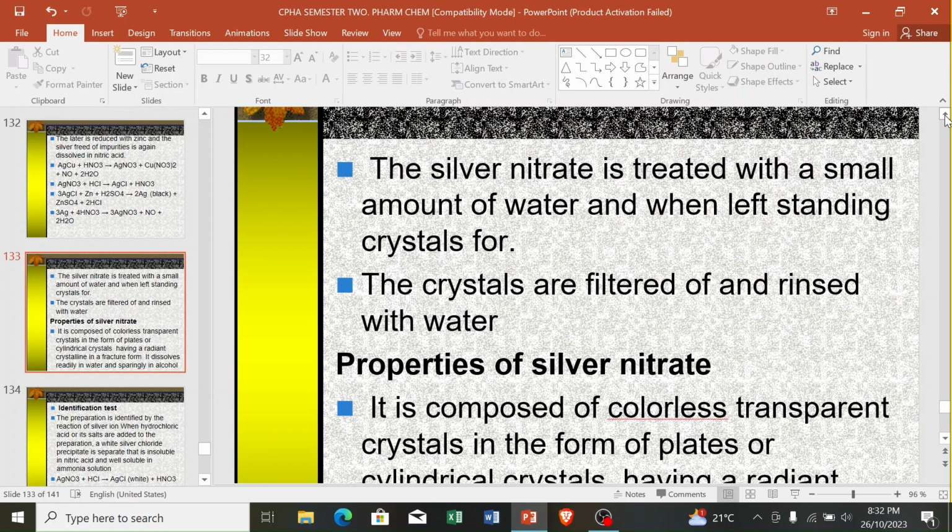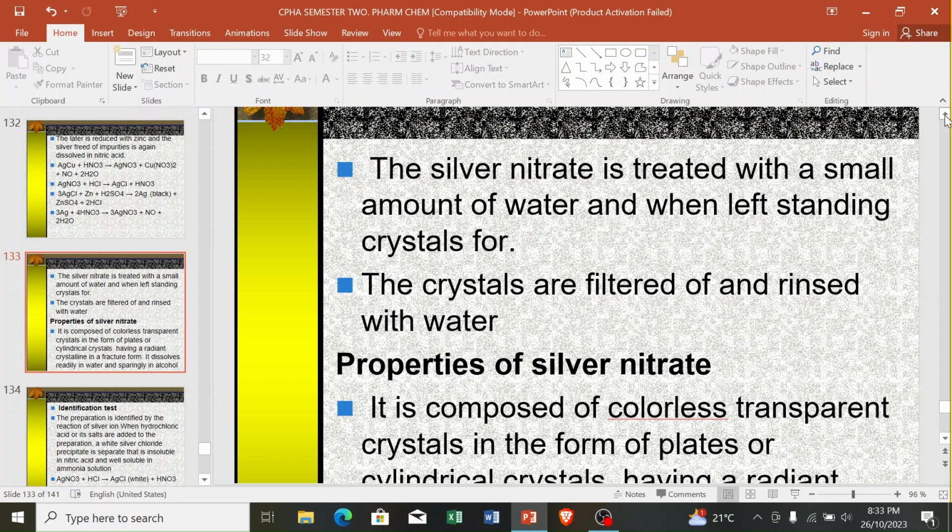So we see that silver nitrate is treated with a small amount of water. We already saw in that chemical equation we have water in it. And when left standing, crystals are formed, meaning we expect our water to evaporate on standing. So by doing so, we are able to get our crystals of silver nitrate. The crystals are filtered off and rinsed with water.